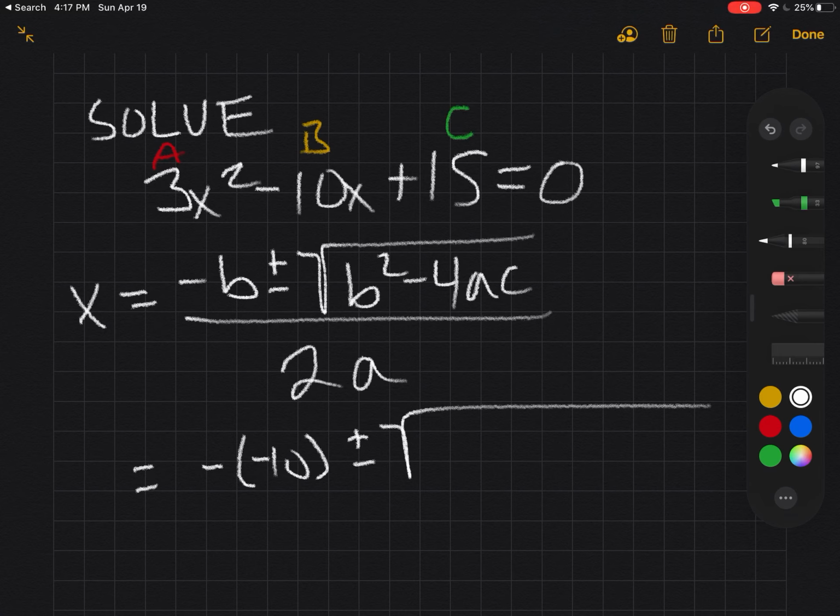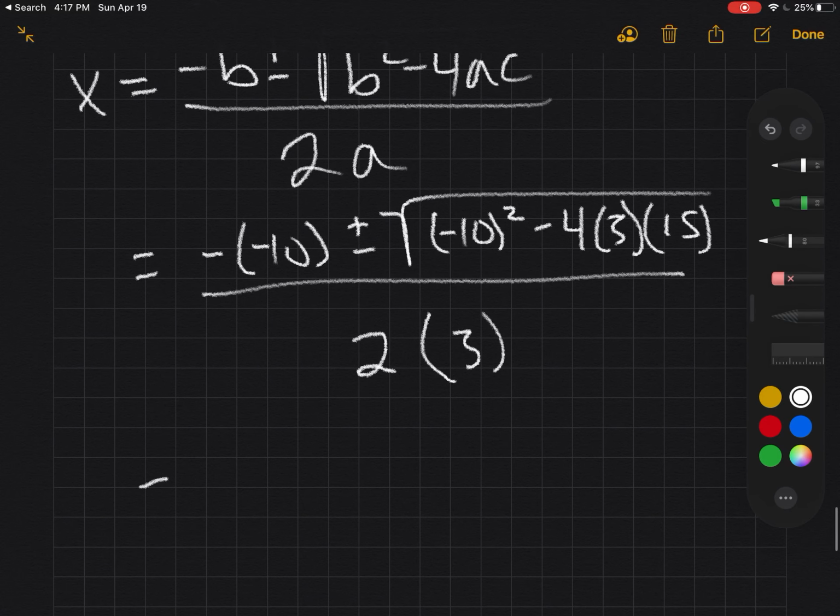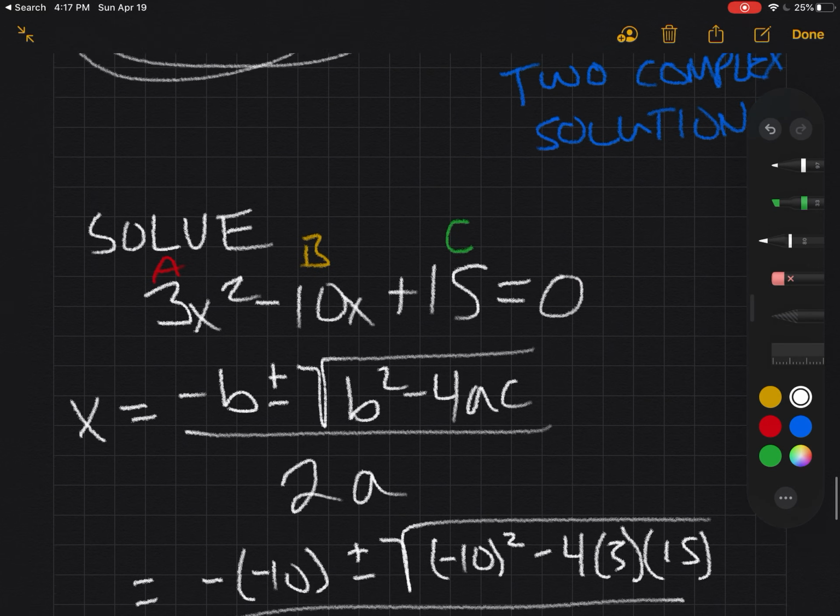So here we have a is equal to 3, b is equal to negative 10, and c is equal to 15. So I'm going to substitute that in. We have negative 10 plus or minus the square root of negative 10 squared minus 4 times 3 times 15, all over 2 times 3.